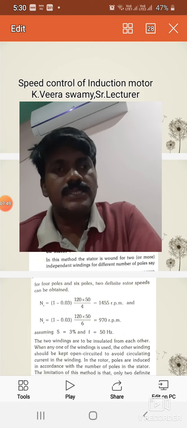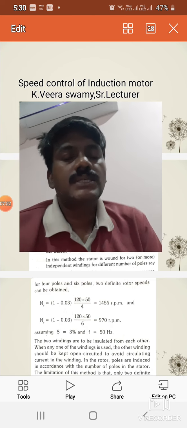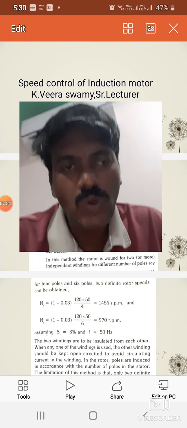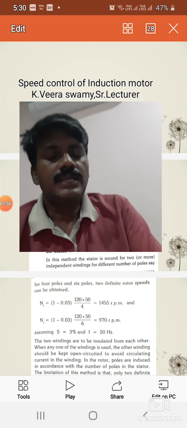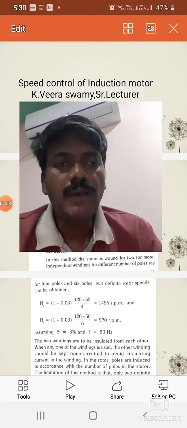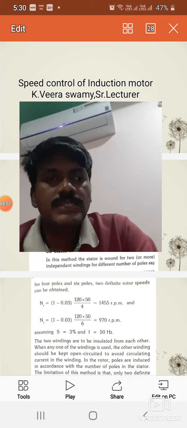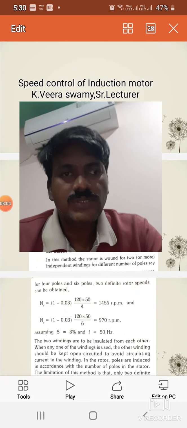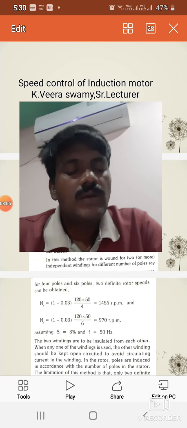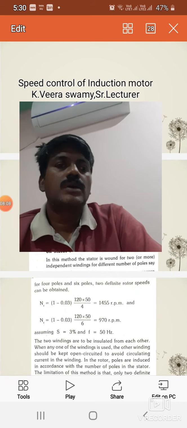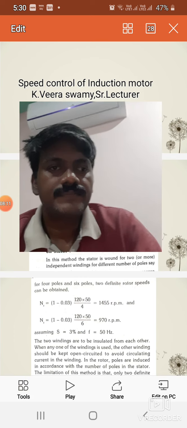To avoid this, we have to change voltage and frequency together. So that is a very important method, the V by F control method. We have to control frequency and voltage, right? Both frequency and voltage, not only frequency.